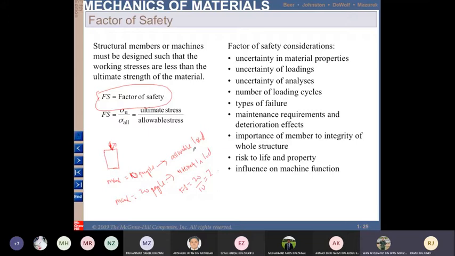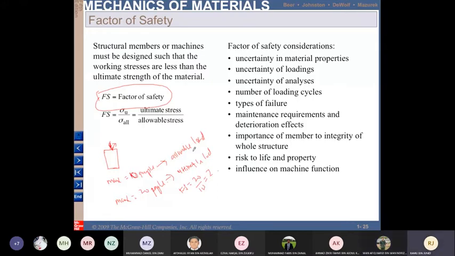Kalau awak isi 21, 22 orang, tali tu akan putus. So in order nak selamat, kita cakap 10 je. That is factor of safety. That means tolerance, so that we make sure the cable does not fail.